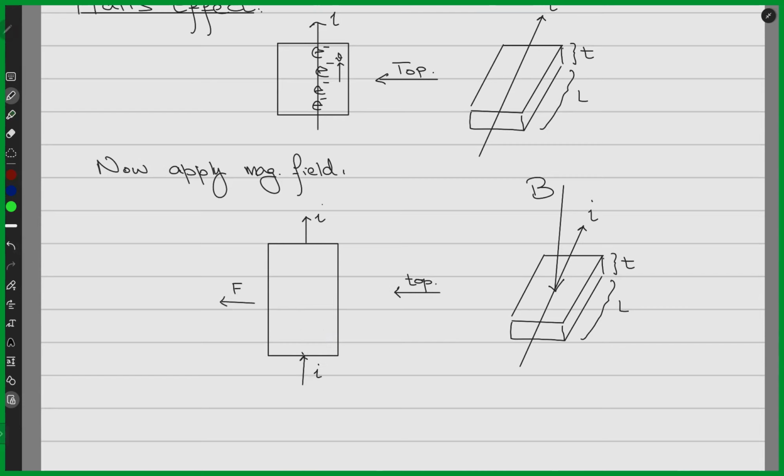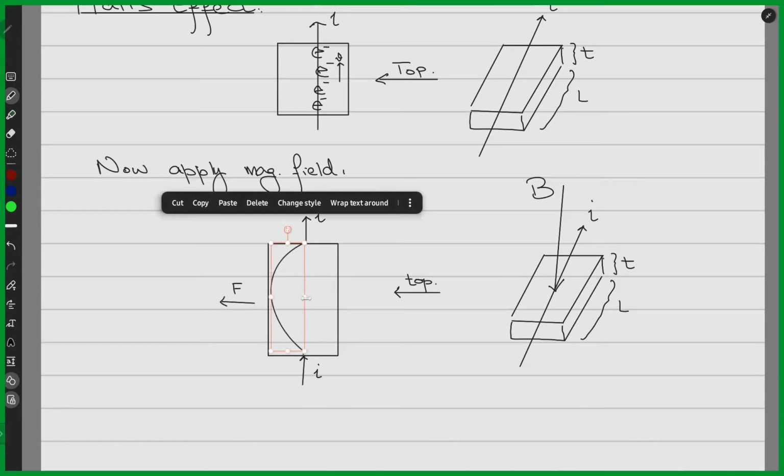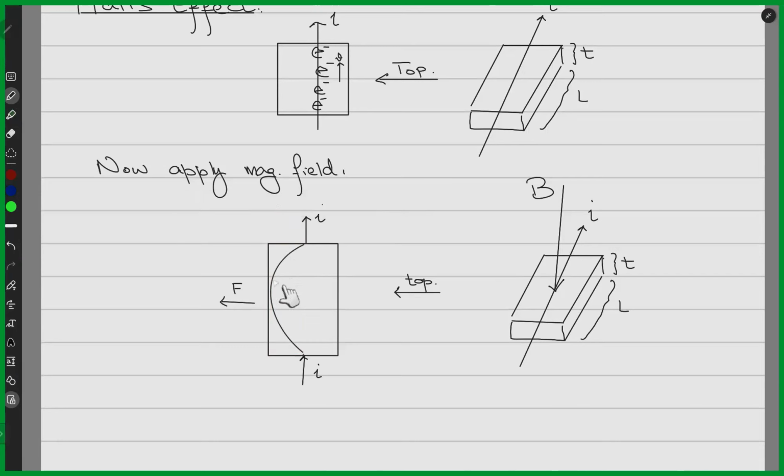The path of the electrons, if I draw that, would look something like this. Okay, so this is the path that they'll take.